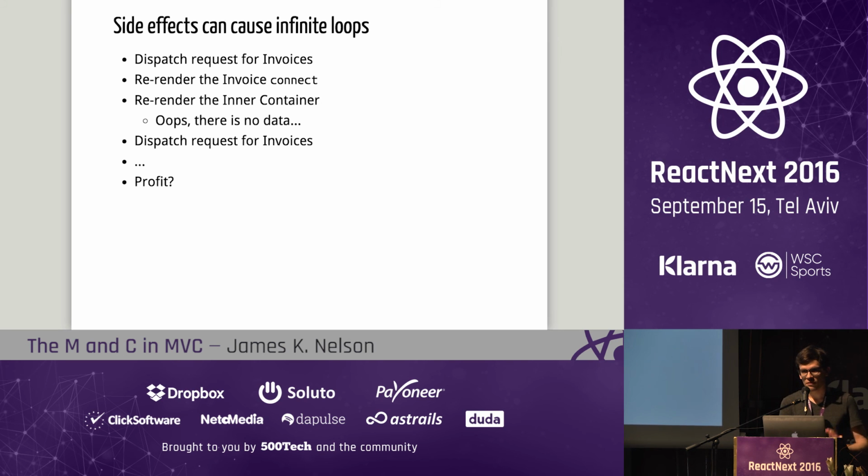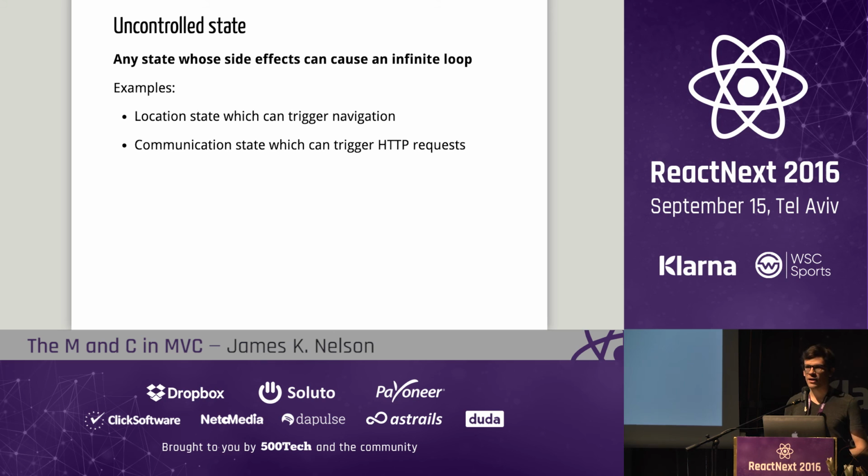And then that will render the container inside of it, which will see that new invoice data injected by connect, or the lack thereof, and it will say, oh, so there's no data. Let's make a request for the data, and then we go back up to the top and keep going and going and going. And I call that uncontrolled state. So any state whose side effects can cause an infinite loop is uncontrolled state, which is a really general way of defining this, because basically any state in a React app is now uncontrolled state.